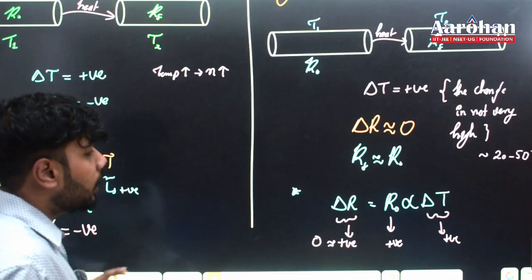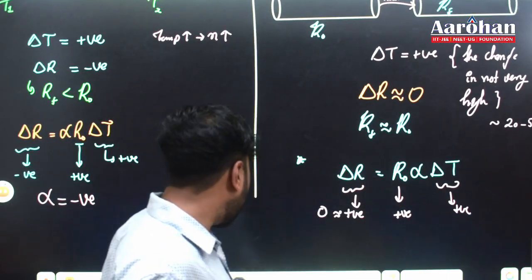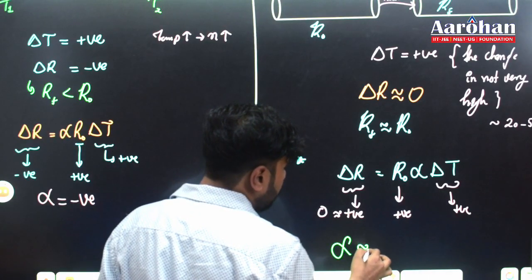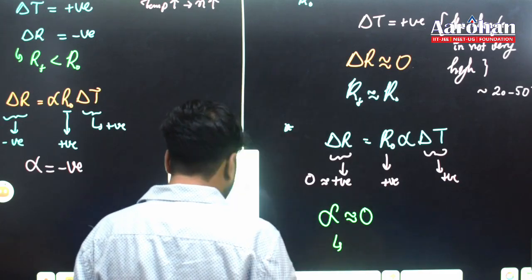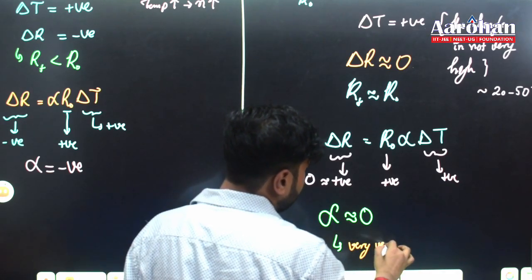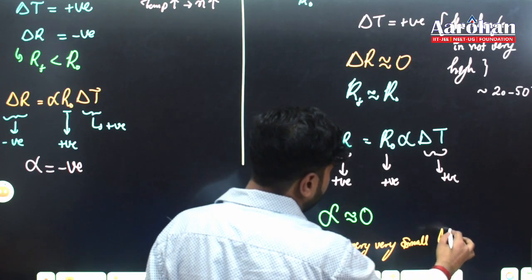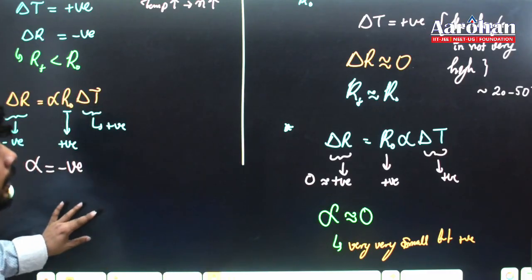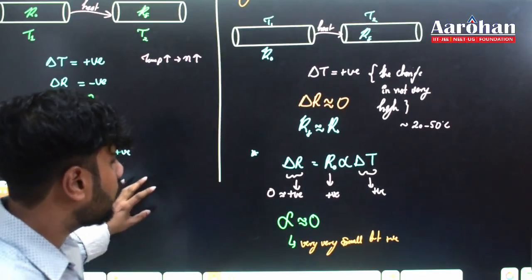The only thing which can bring this equation near to 0 is alpha. So what we found is that alpha is approximately 0 for alloys. You can also write alpha for alloys is very, very small but positive. This is the nature of alpha for your alloys.